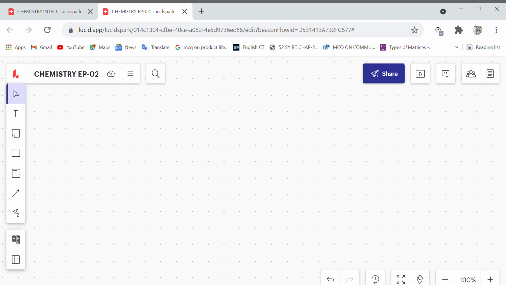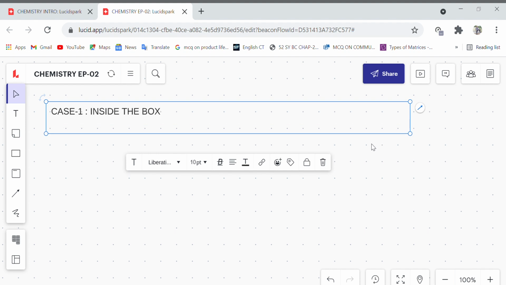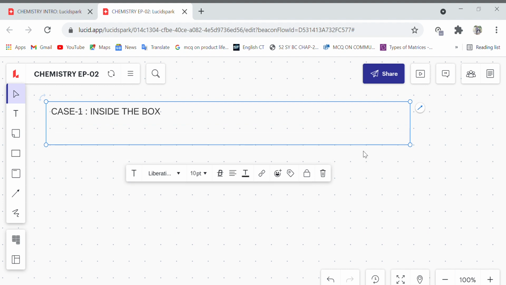Let me start again taking the text part. It would be much more clear than the writing part. So inside the box, case 1: inside the box. What is there? V equal to 0.